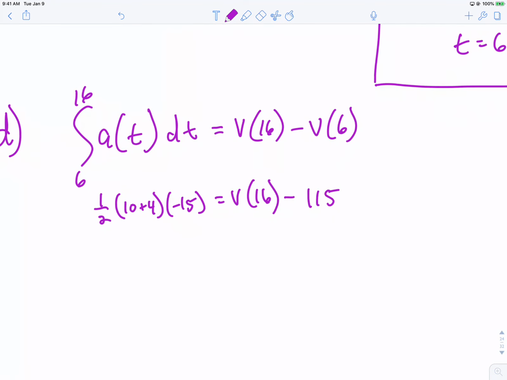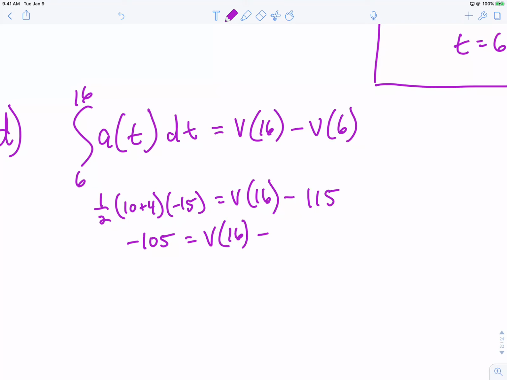So we're looking at this area here. We figure that out: 14 times 1/2 is 7, times negative 15 is going to be negative 105. Remember what that means now.